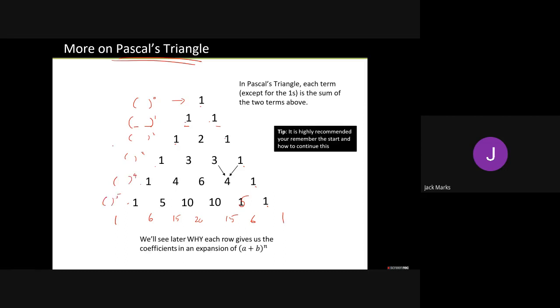Do you notice another pattern? How perhaps this one here is linked each time? That will be important for later. So this would be a bracket to the power of 6. And as we can see here, the second number tells us which row we're looking at.